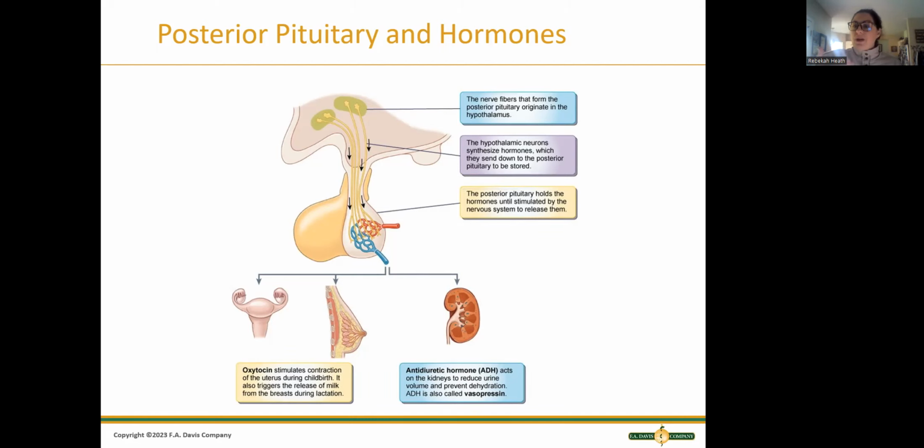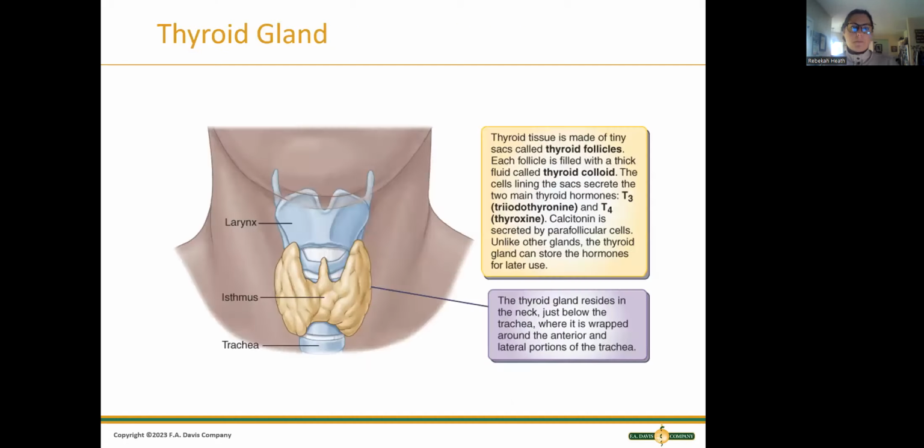And so it helps to increase your fluid volume. By increasing fluid volume, that also increases things like your blood pressure. ADH sometimes is also called vasopressin. If you work or have been in a critical care unit, sometimes you'll see vasopressin given as a medication to patients to help increase their blood pressure.